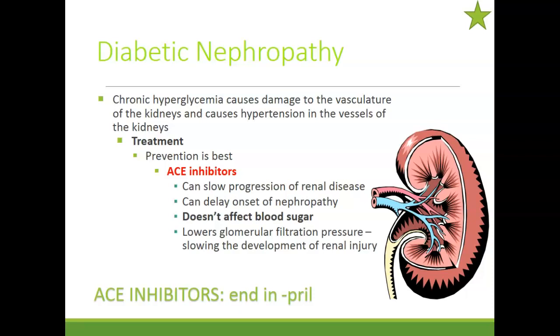But if medication is needed, ACE inhibitors have been found to slow the progression of renal disease. It can delay that onset. It doesn't affect a patient's blood sugar levels, and it will help lower that glomerular filtration pressure, which helps slow the development of the renal disease. Make sure that you remember that ACE inhibitors end in pril.